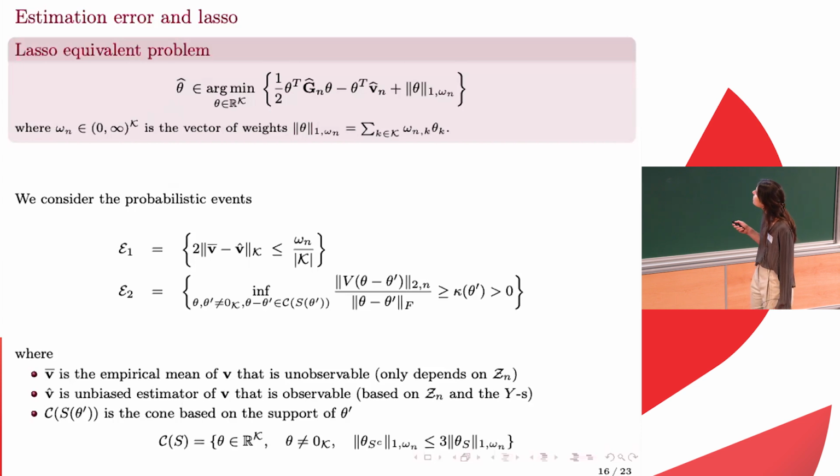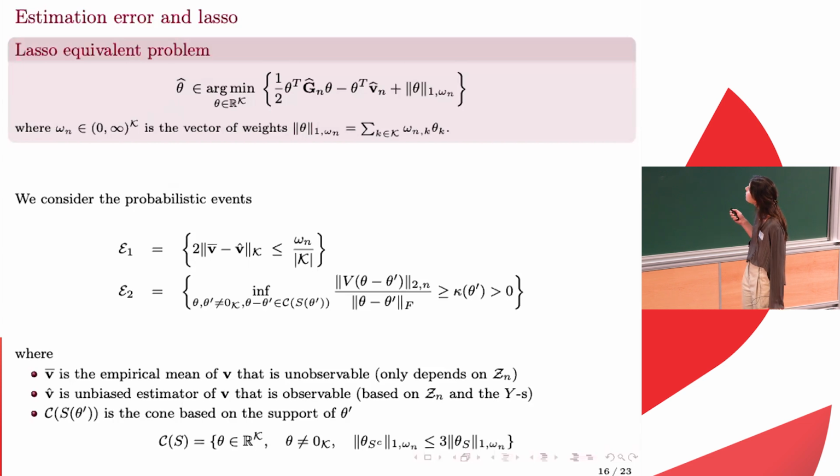Okay, yes, and in particular here, we want the random Gram matrix to have some invertibility properties on the cone C of S that is based on the support of theta prime.